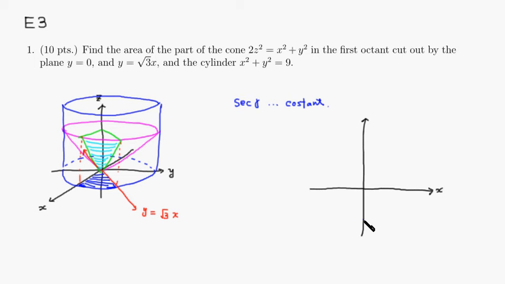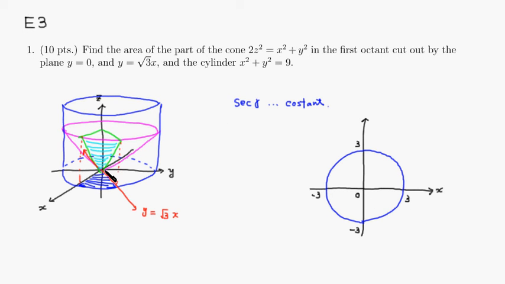Then you have this circle with radius 3, so this is 3 here and 3 there, negative 3 there, negative 3 there, 0 there.